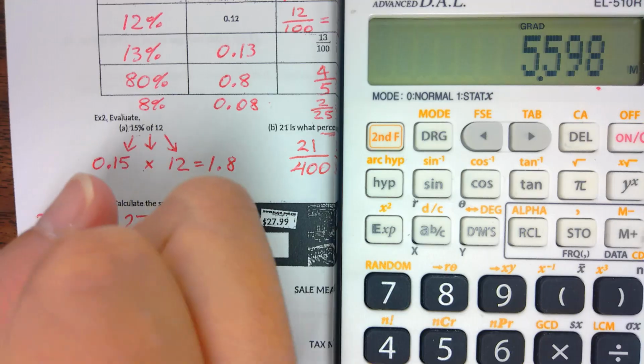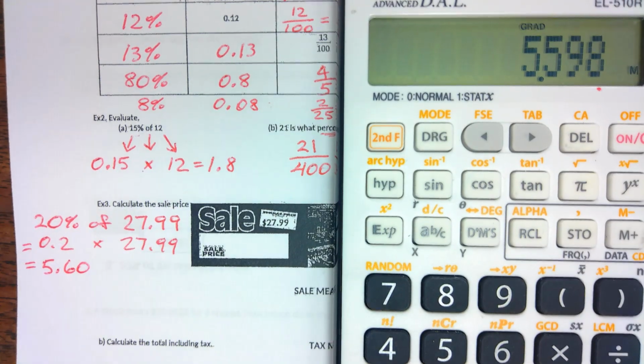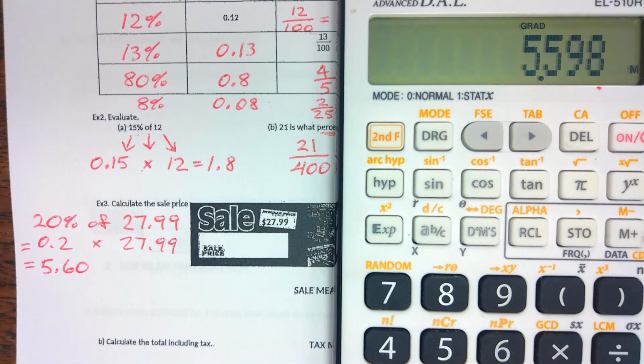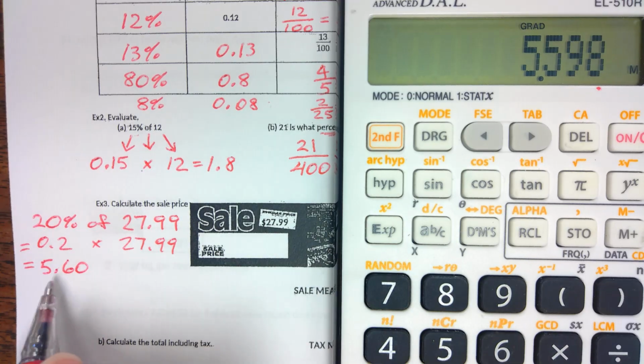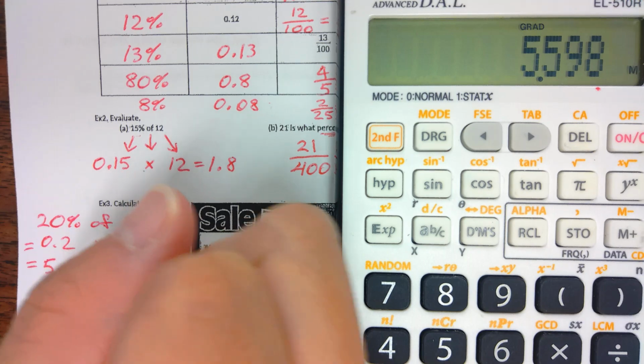But as Con said, this is a discount, so my sale price is not $5.60. That's too good to be true. This is my discount.